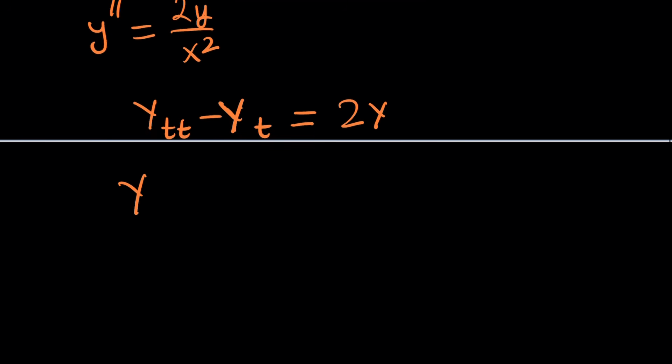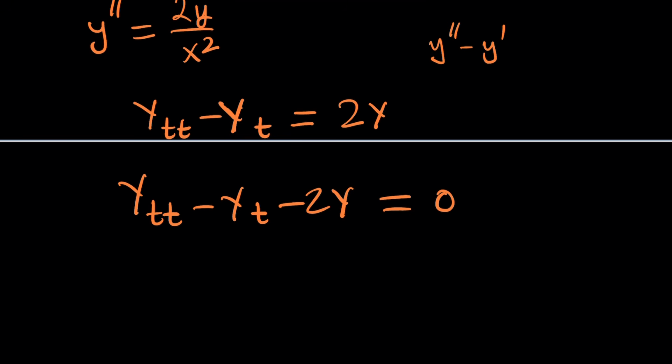And from here we get big Y of tt minus big Y of t minus 2y is equal to 0. And again, this is a constant coefficient equation.